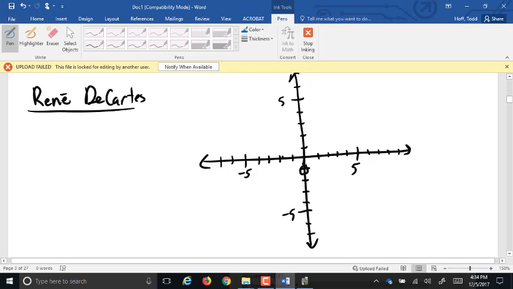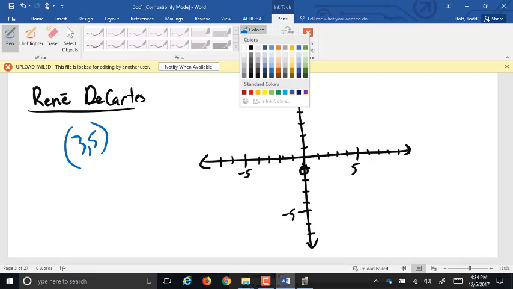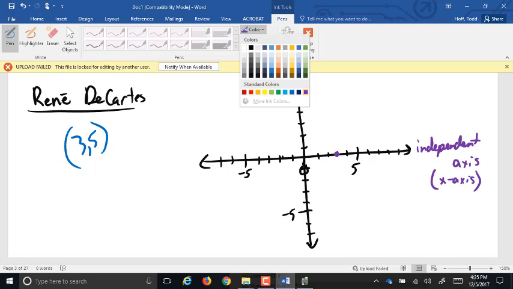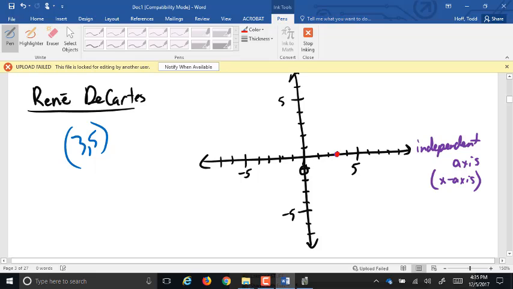And to represent a number like that, 3, 5, we're going to represent the 3 on what is the horizontal axis, which is called the independent axis, or often referred to as the x-axis. So 3 would be right there. I'm going to change colors so it's more visible. 3 would be right there on the x-axis.